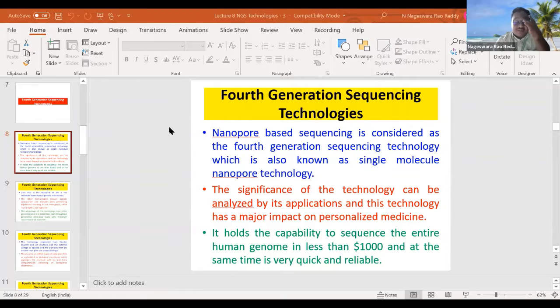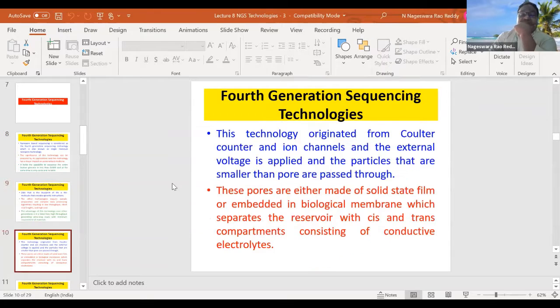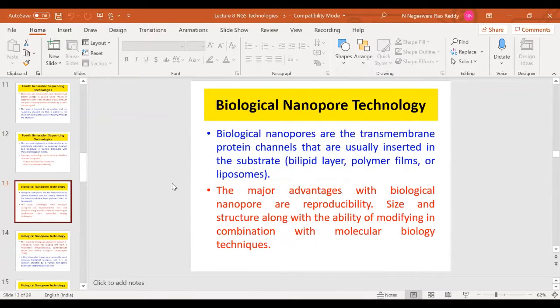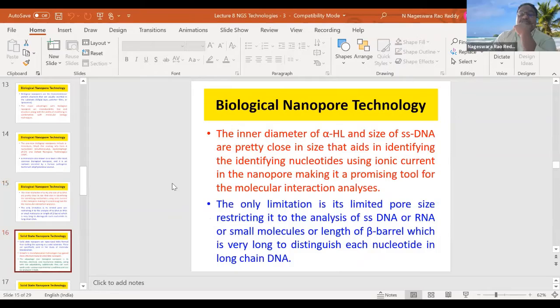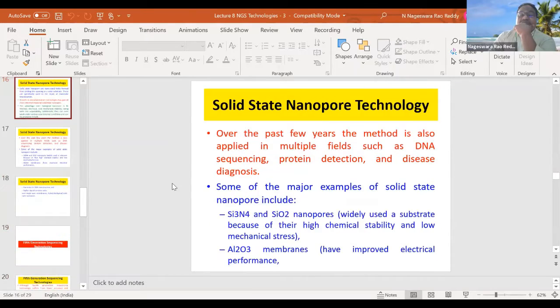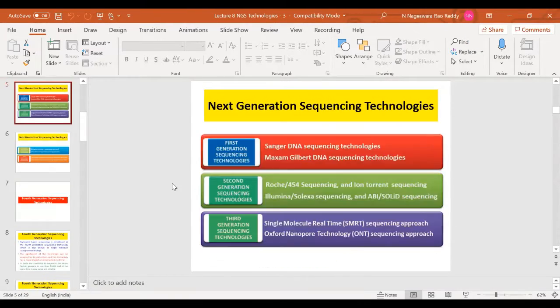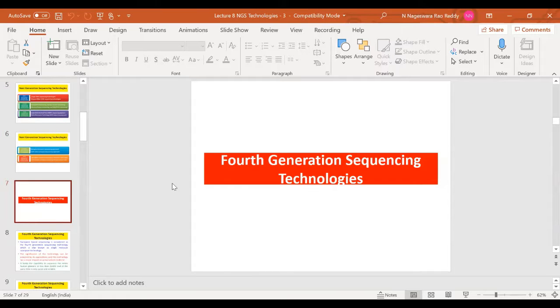Where did we stop in the last class? Anyone? Balaji? Sir, we were done with nanopore. Which generation?